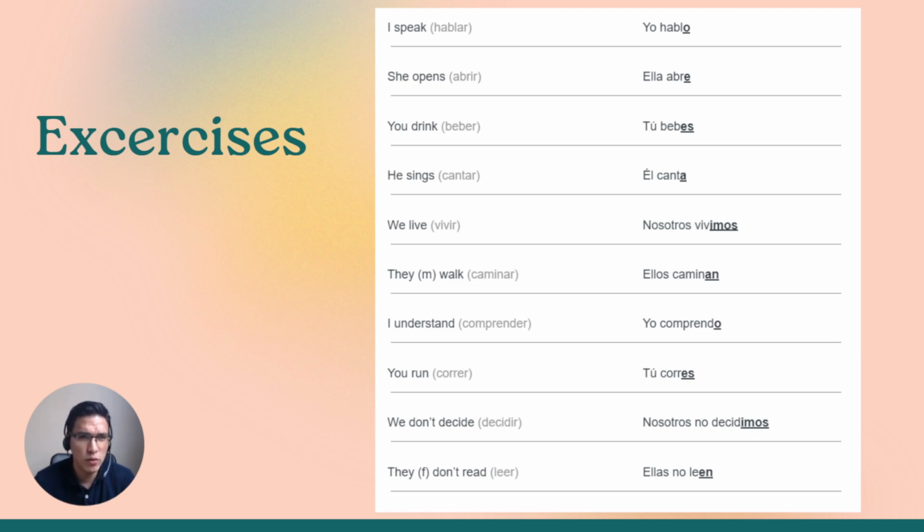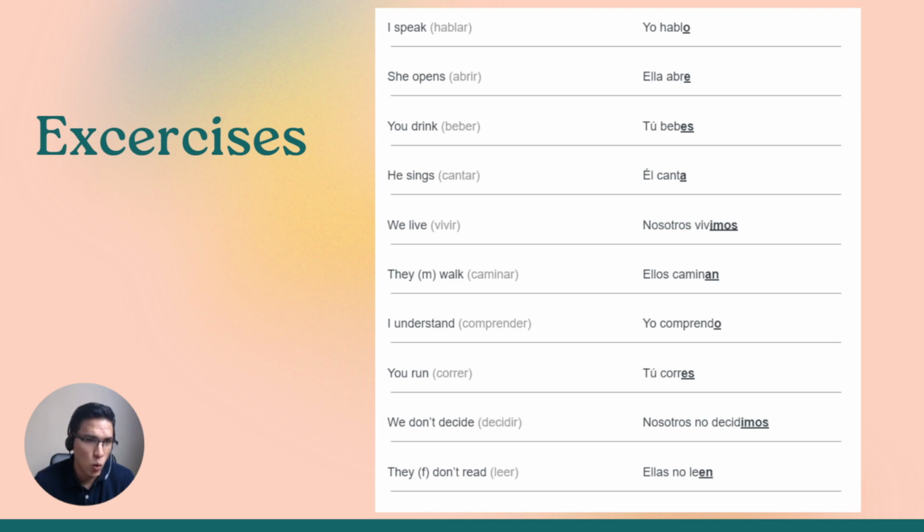So the first one was I speak. So I speak, yo hablo. She opens, ella abre. You drink, tú bebes. He sings, él canta. We live, nosotros vivimos.